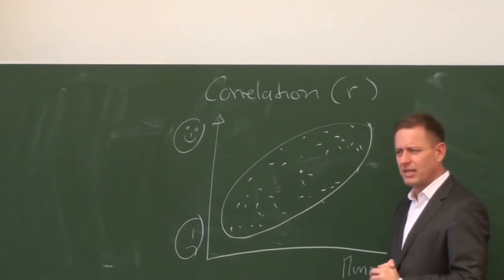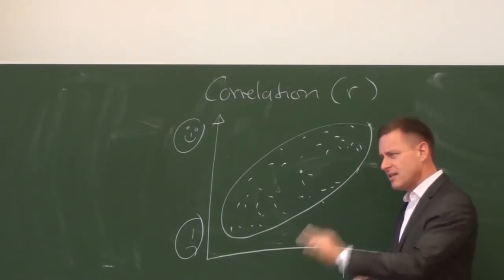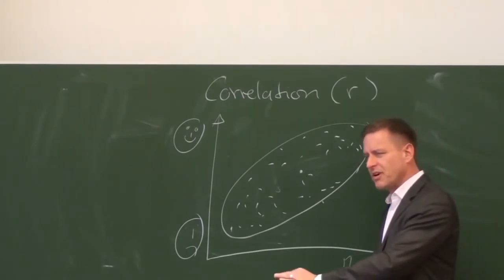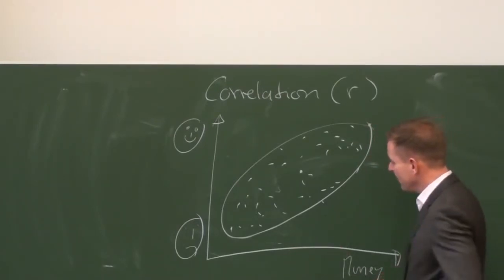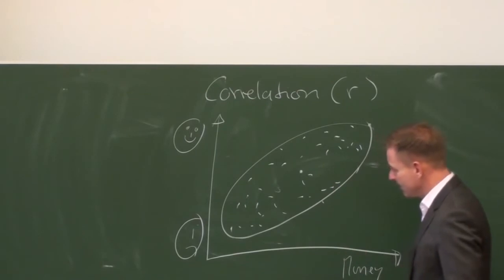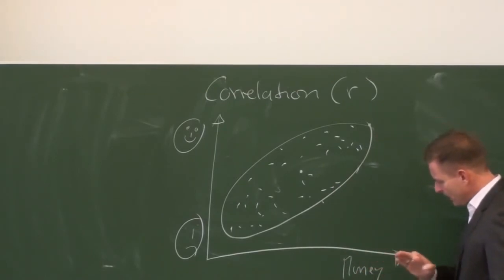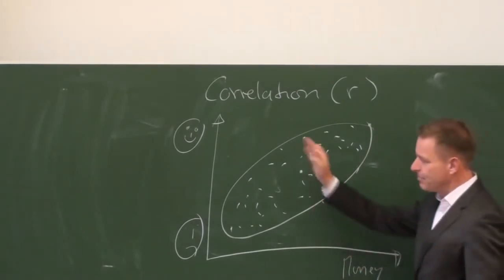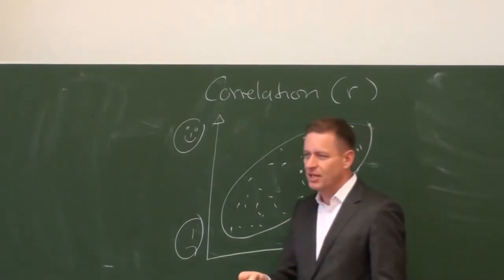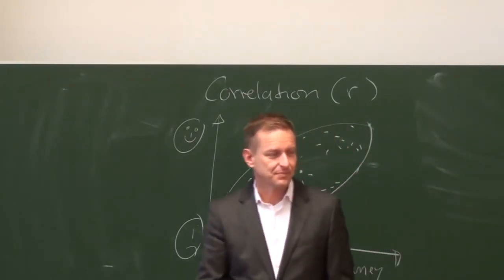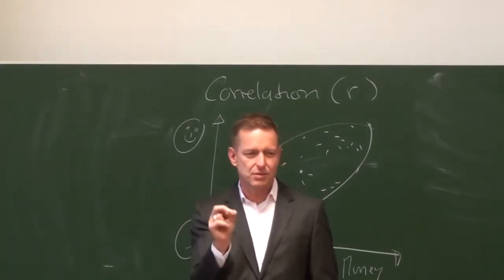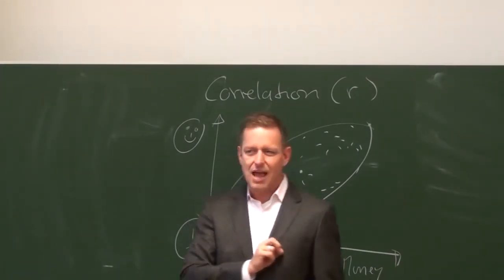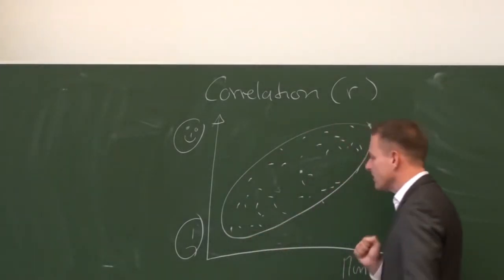We want a really clear number telling us, is there a relationship between two variables or not? Okay. Now question. If the relationship between money and happiness would be absolutely perfect, yeah, there would be really a direct relation between these two variables, how would this cloud look like?